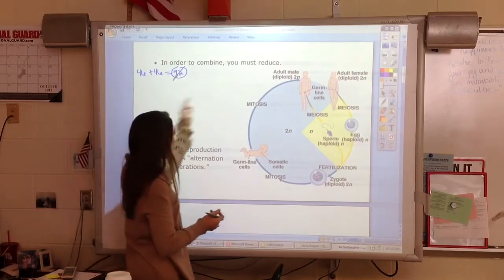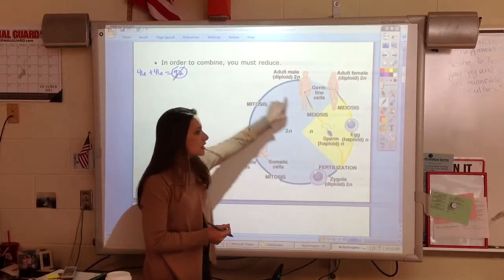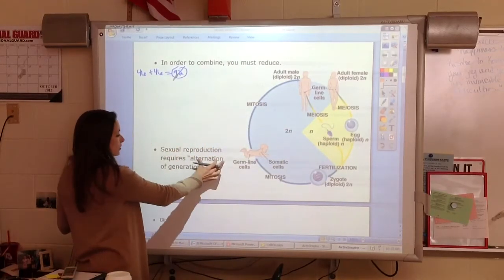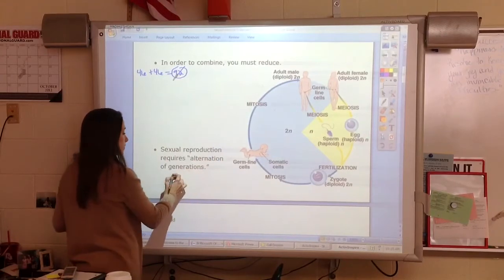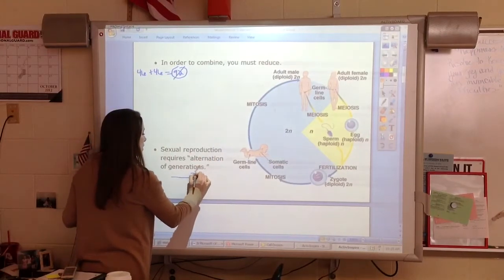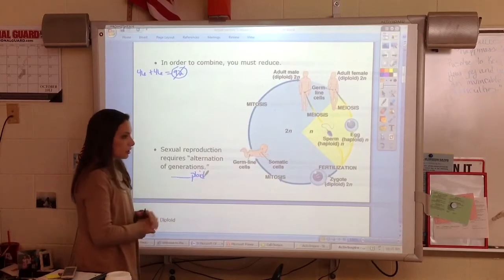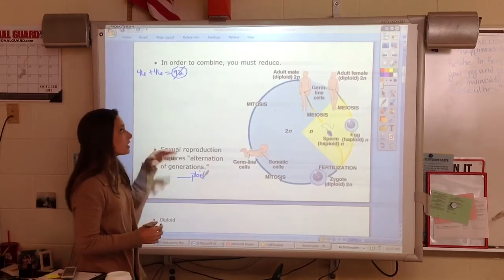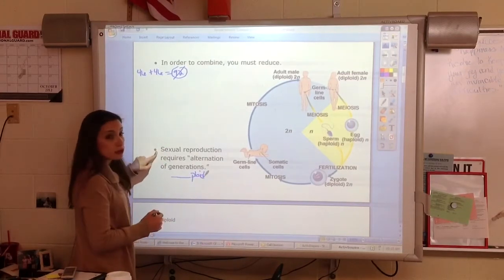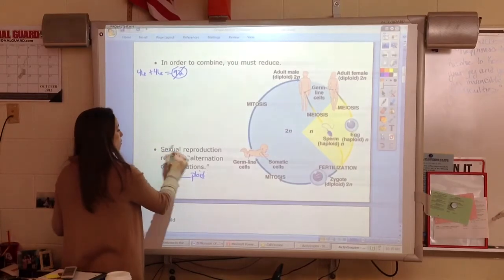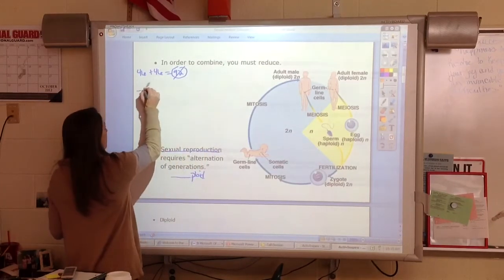So when we look at the life cycle, we see what's called an alternation of generations. And what this is really referring to is the ploid word. What we'll see is that sexually reproducing organisms are going to make what we call gametes.